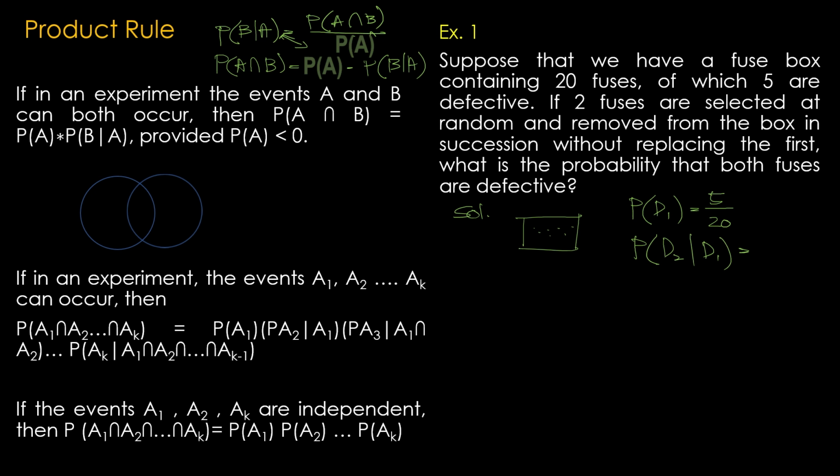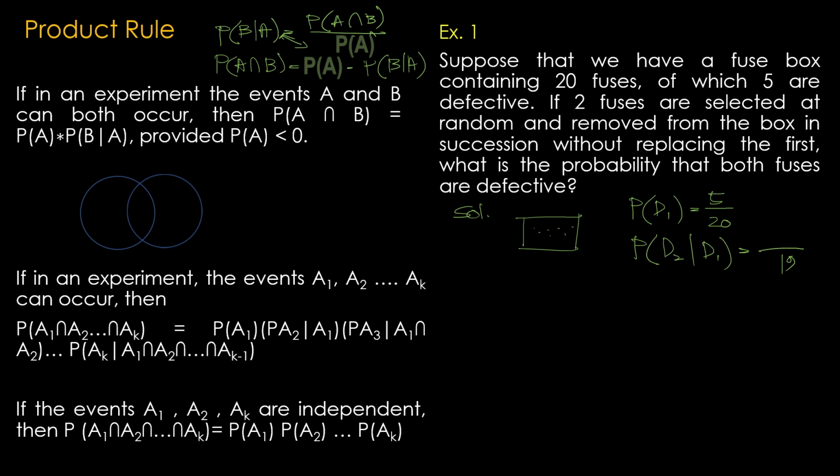Remember that you've already drawn a defective fuse from a box of 20 fuses. So if you've already drawn a fuse, the total number of fuses in the box will be lessened. If you've already drawn one, therefore the total number of fuses will be 19.